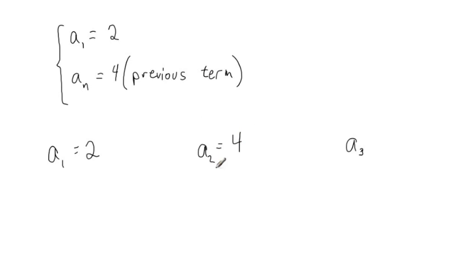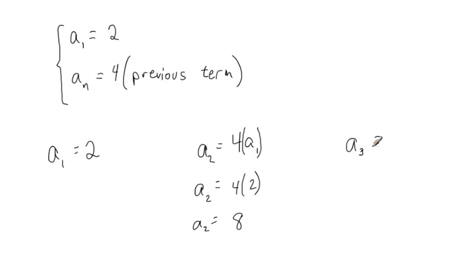Well, the term that comes before a sub 2 is a sub 1, so this is 4 times a sub 1. And a sub 1 is 2. So I'm going to substitute in for a sub 1. I know that it is 2. Therefore, the second term is simply 4 times 2, which is 8.